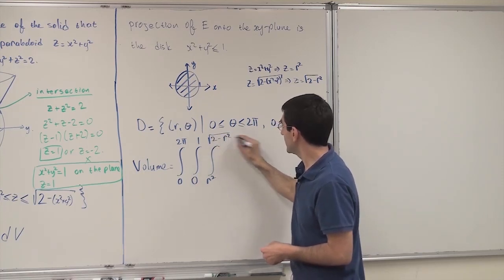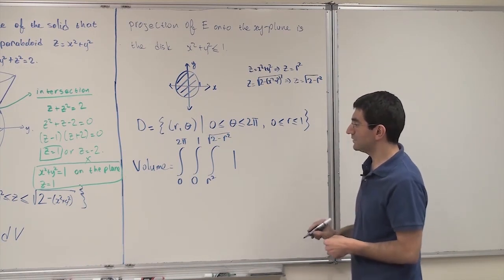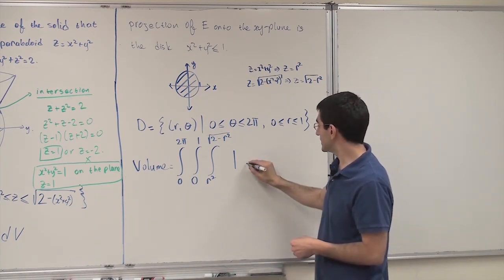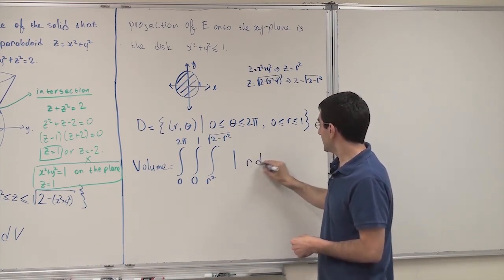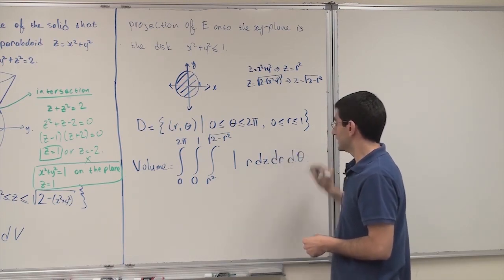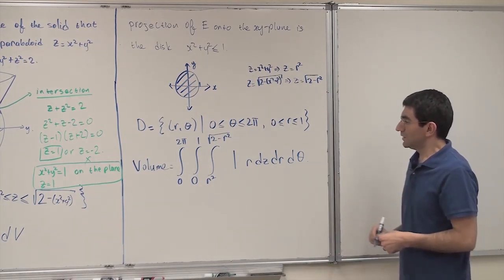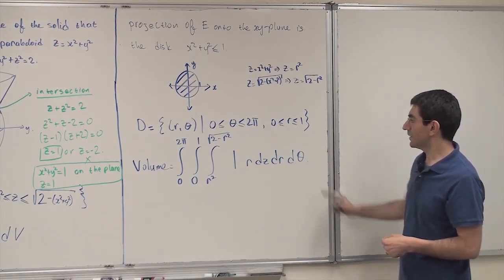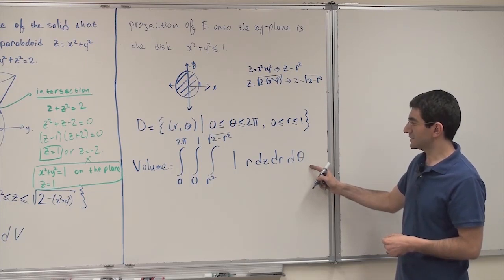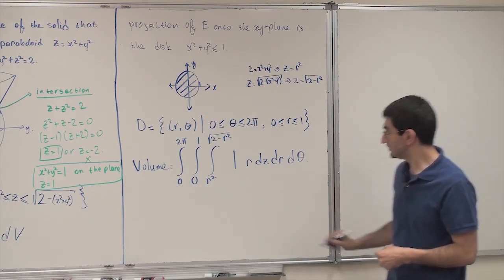The function is still 1, and dv in cylindrical coordinates is r dz dr d theta. Okay, so the volume is expressed in cylindrical coordinates, and we can start integrating.